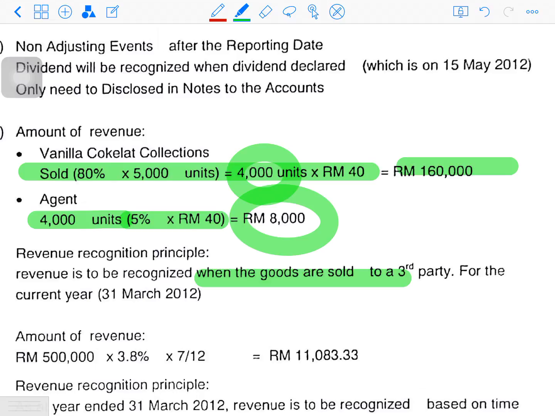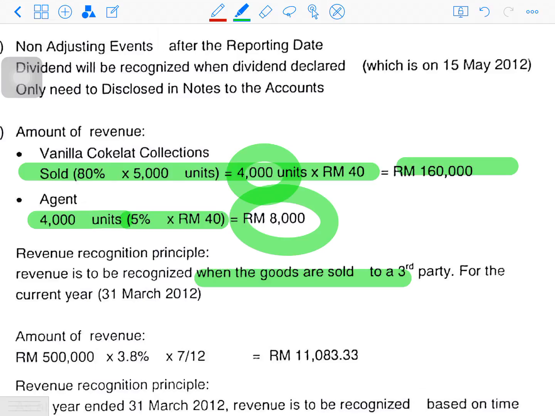Agent punya macam fees kan? Revenue vanilla chocolate is 160 the whole amount. The net amount tu that is agent to vanilla chocolate is an agent that is under expense or commission expense. Kita akan tolak bawah ni. Kita tak tolak terus kat sini.